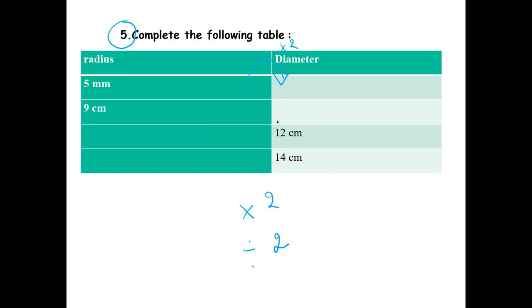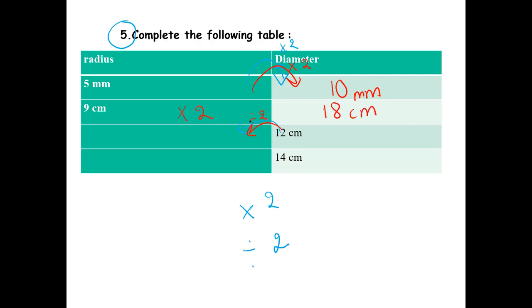If the diameter is given, diameter starts with D, so we have to divide by 2. If the radius is given, we have to multiply by 2. The radius is 5. 2 times 5 is 10, unit millimeter. 9, the same, times 2 equals 18, unit centimeter.